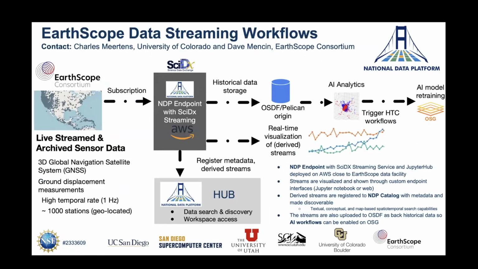Why is this useful? Because, for instance, I work with Earthscope streaming data. I can then have an endpoint to develop different streaming and staging services using this. Some of the historical data I can stage on Pelican, but I can also create services to access the data remotely from NDP and integrate that as a composable service to validate, for instance, something that I'm doing on earthquake modeling into a larger, more heterogeneous platform or workflow within the central hub.